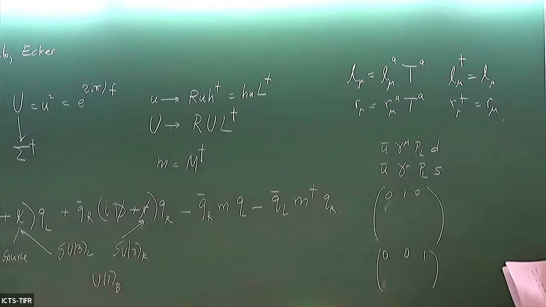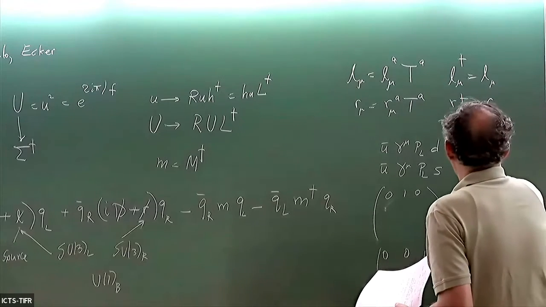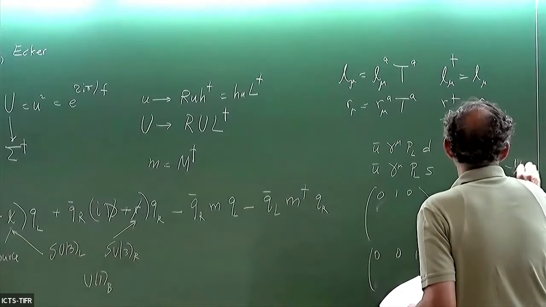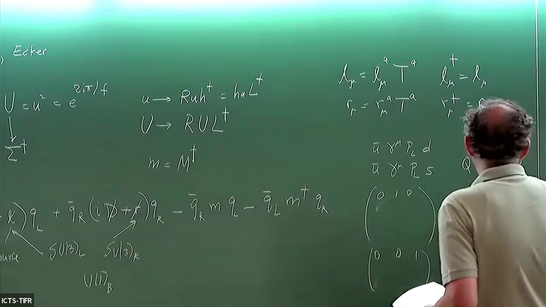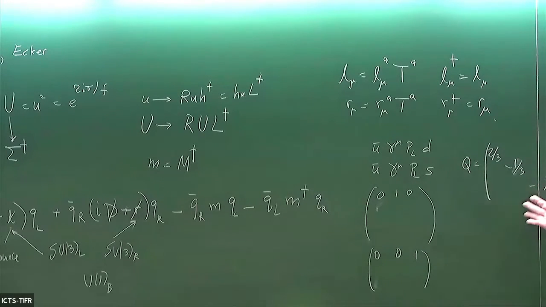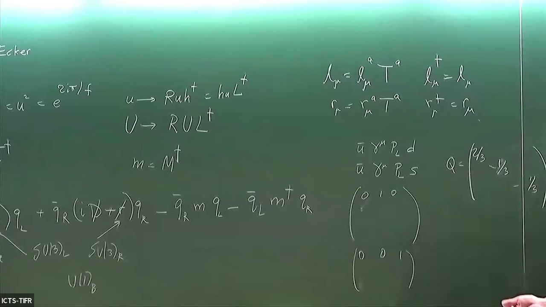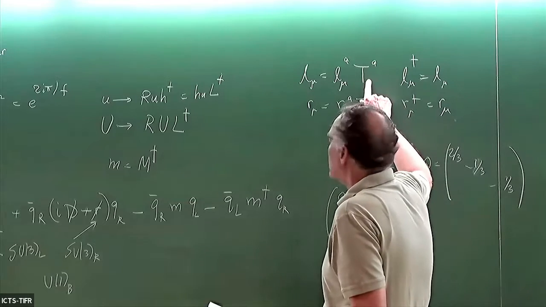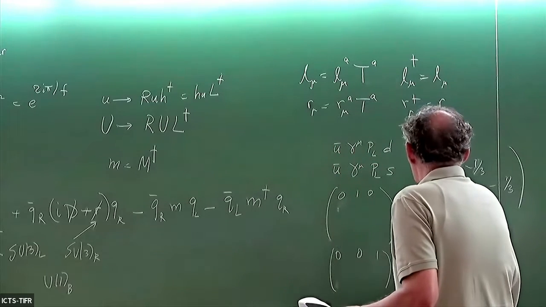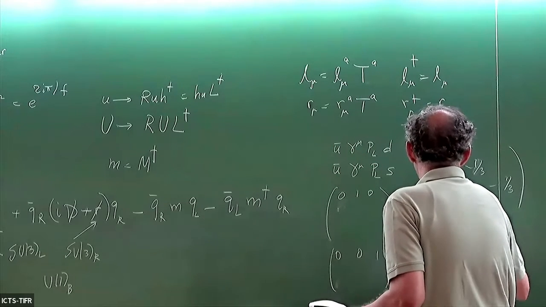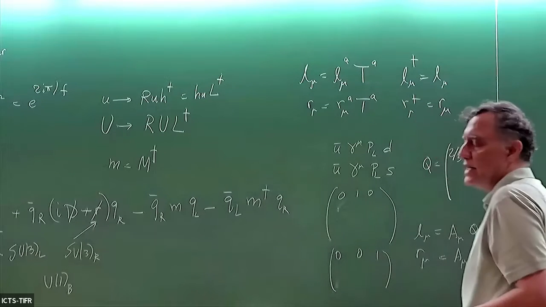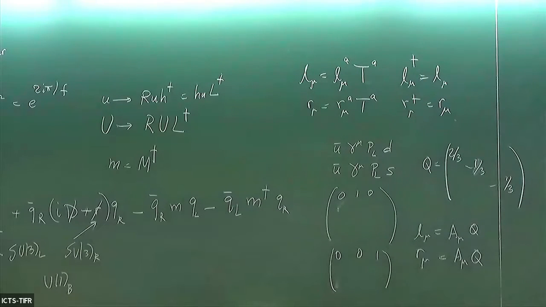And the other thing, which is sort of an accident, is that the electric charge operator, which is 2/3 on up quarks and -1/3 on down, and -1/3 on s, is a traceless matrix, and so it also lives in SU(3). You don't need the U(1) part. So we can also do electromagnetic couplings by picking out L mu as some photon times Q, and R mu is the photon also times Q, because electromagnetism is a vector symmetry.